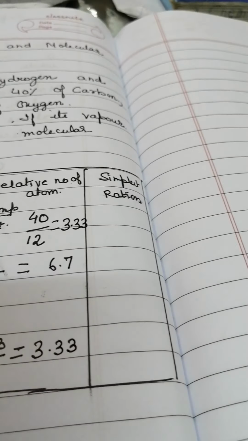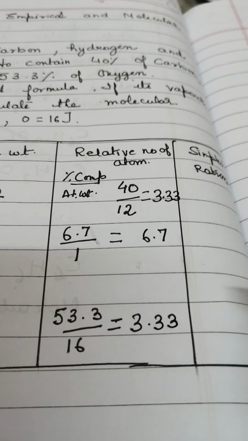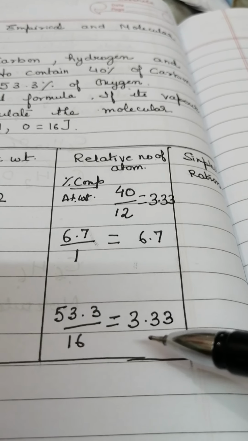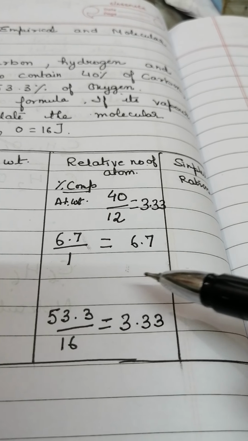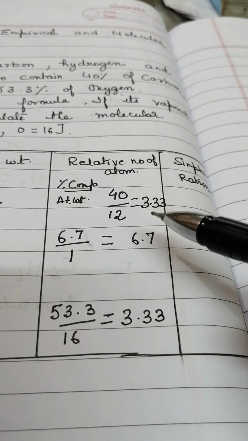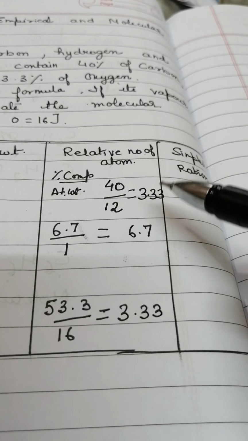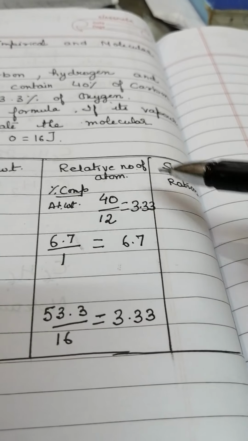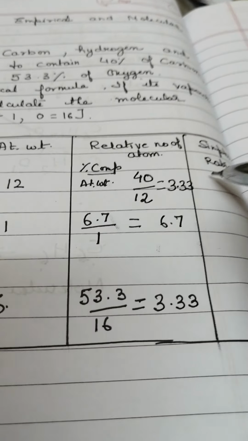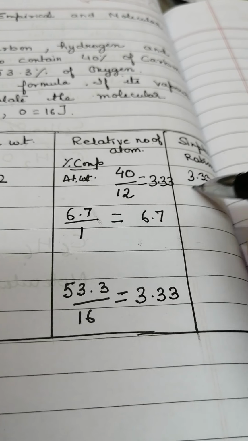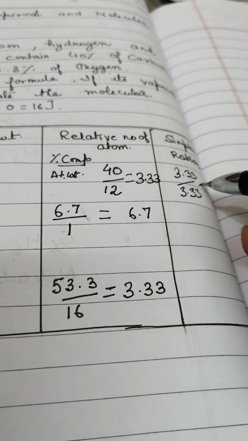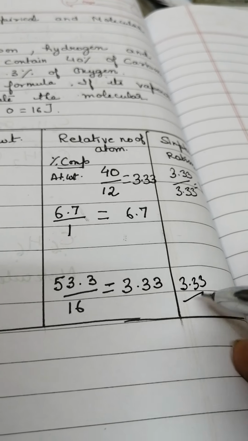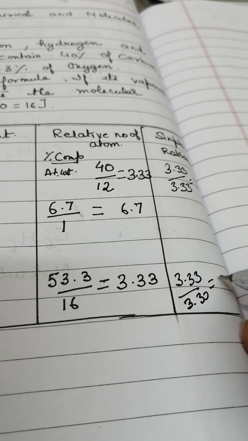Now the next column, the simplest ratio. Out of the three answers that you got, you take the lowest relative number of atoms and divide all three answers by that smallest number. So 3.33 itself is the smallest number. In the first case, 3.33 divided by 3.33 comes out to be 1. Then this also, 3.33 divided by 3.33, comes out to 1.